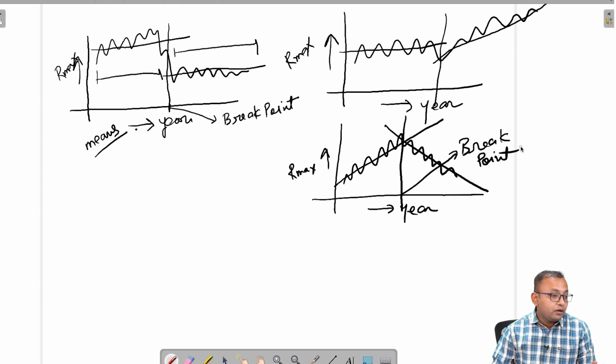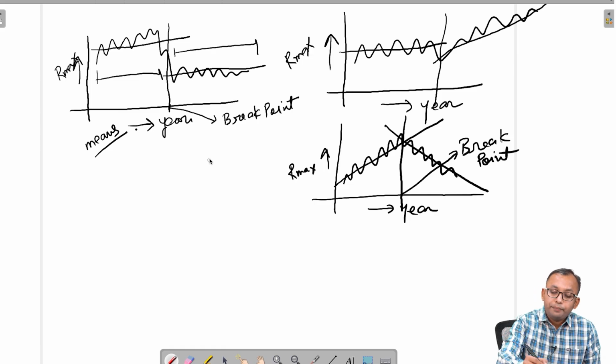So, these are called break points, and it is very important to understand where in the time series these break points are occurring. That sometimes gives a clue about the governing mechanism of these break points.